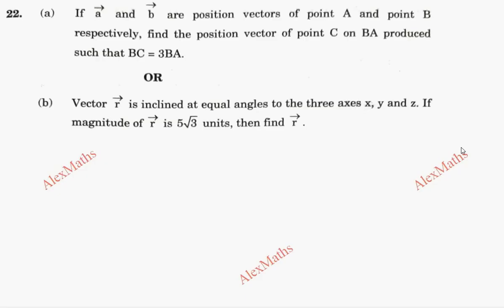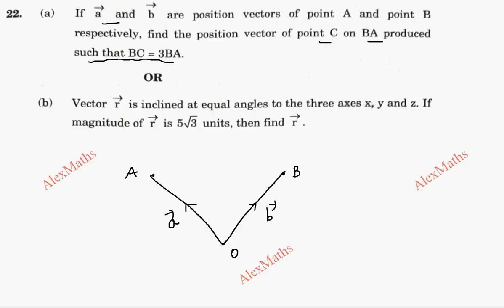Now question number 22, A part. They have given A and B are the position vectors of point A and B. The position vector C on BA produced such that BC equal to 3BA. Now let's take A here and B here. This is O. So now when I take this as position vector small a vector as per given in the question, and this is small b vector.